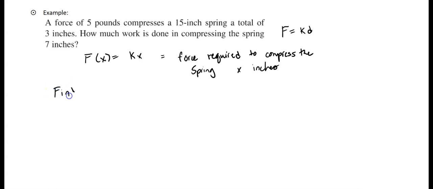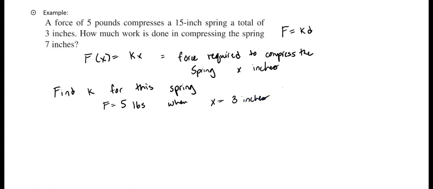The first thing we always want to do with these problems is find K for this spring. And we know that the force is equal to 5 pounds when the amount that the spring is compressed, X, is equal to 3 inches. They throw that 15-inch in there to just kind of throw you off. You don't actually need that information in order to solve this problem.